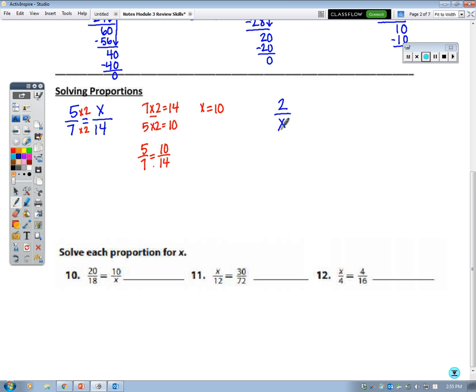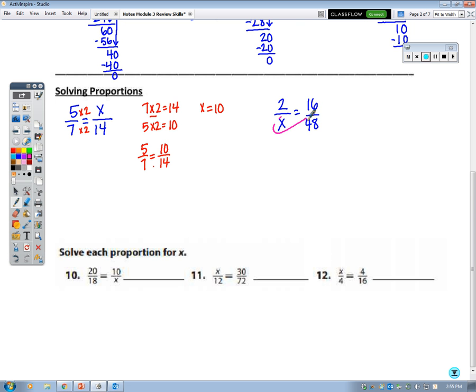So let's take this example. 2 over x equals 16 over 48. And we're trying to find out what x equals. Again, you could use method 1 and say, okay, 2 times 8 is 16, so what times 8 is 48? The opposite of multiplication is division, so you would have to divide to solve, which is essentially what we're going to do with our second method here.